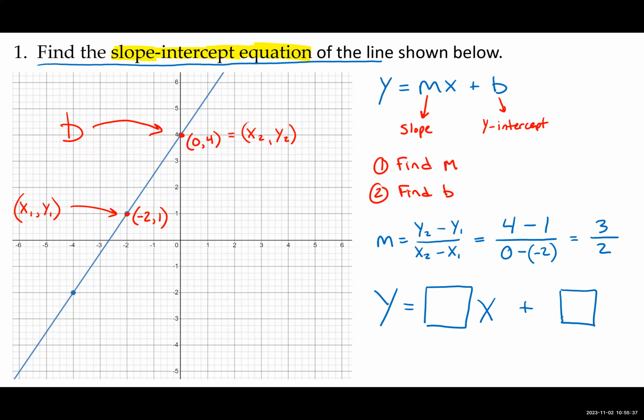For one specific line, there is only one m, and there is only one b. So we got to figure out m and b. So in this case, we're done. Our m is right here, the 3/2. And our b, that's what we did first. You're just reading that off of the graph. That's the 4 where the line crosses the y-axis.